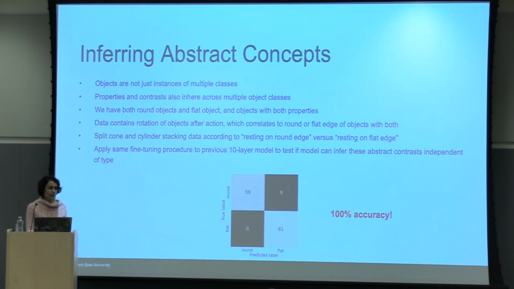We do the same fine-tuning procedure on the previous 10-layer model that we did for object detection. Our model is able to classify the round and flat concepts with an accuracy of 100%.